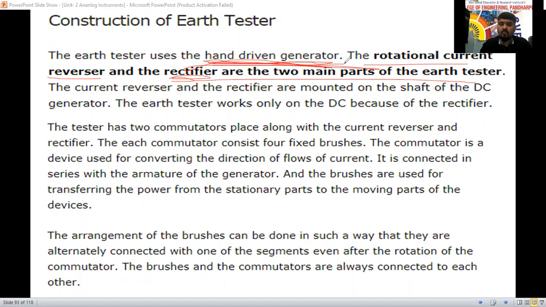Only DC we are going to use here now. So for that reason, it is going to operate, and one, the current reverser and rectifiers are mounted on the shaft, the DC generator here. Now we are going to use the DC generator.